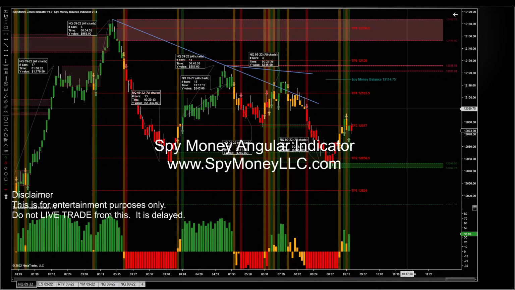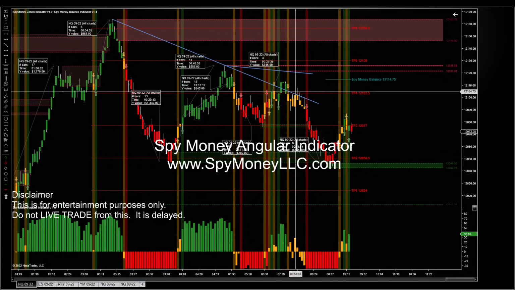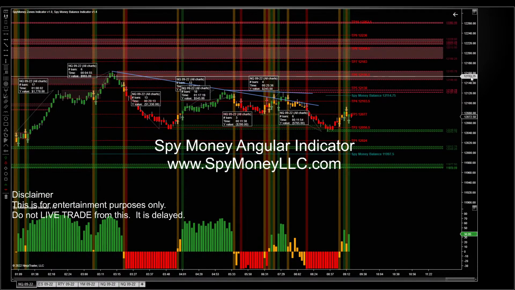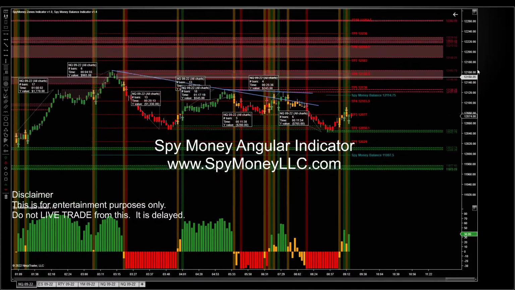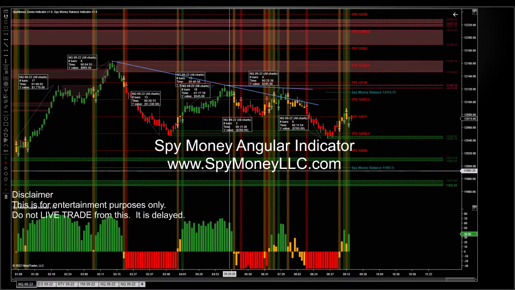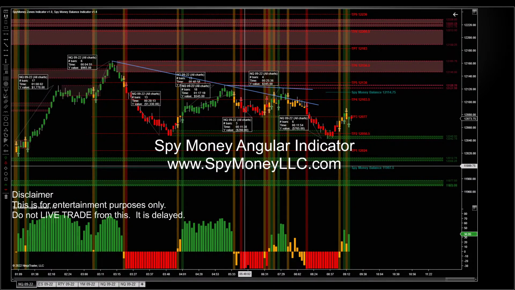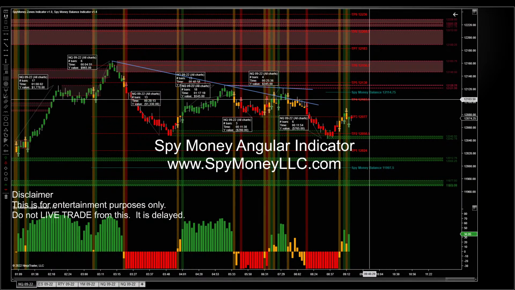Now the way I have my indicator set up for the balance is you have these red lines for the London session, and the balance for the London session is right here. So if you're above the balance, that's long bias. If you're below the balance, that's short bias.